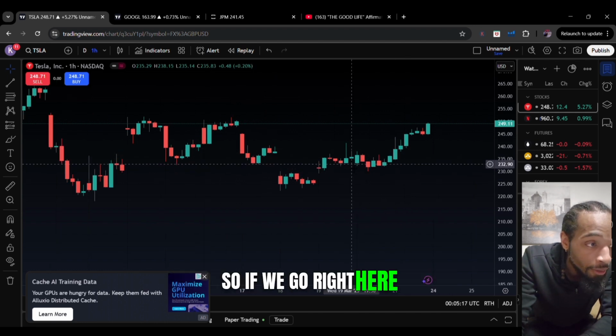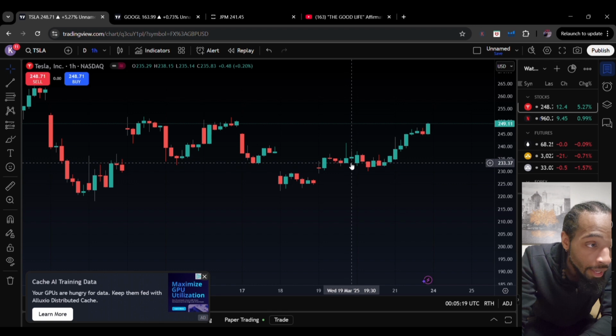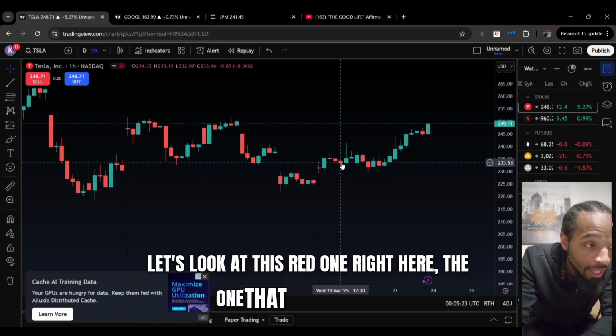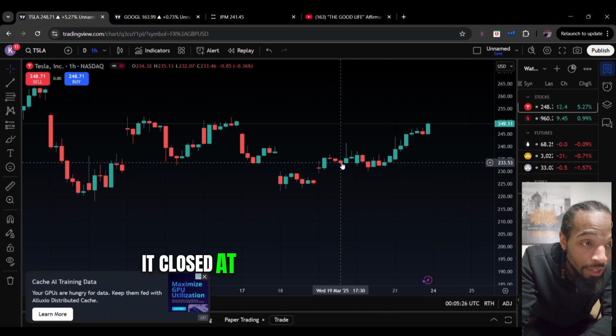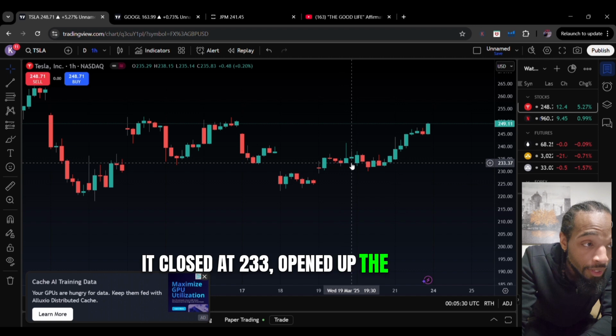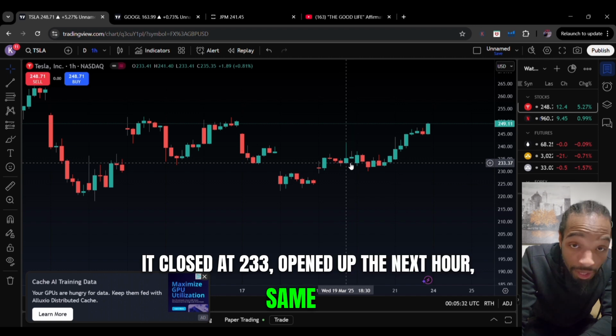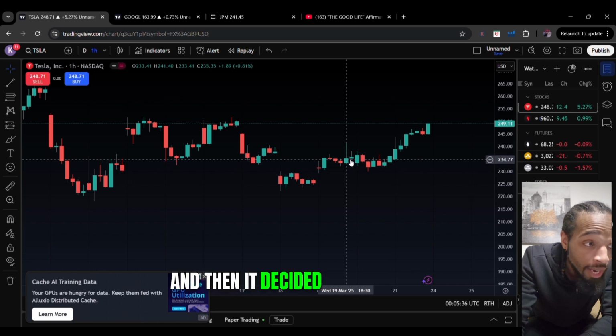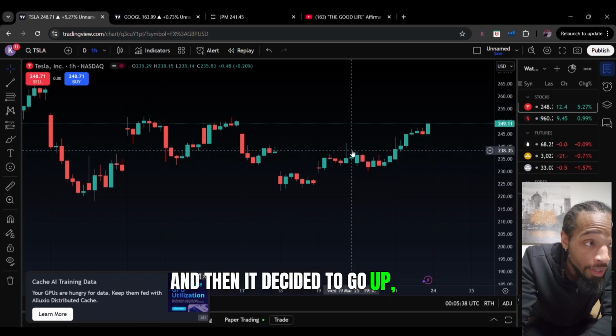So if we go right here, let's look at this red one, the one that the hand is on. It closed at 233. Opened up the next hour, same, 233. And then it decided to go up, up, up.